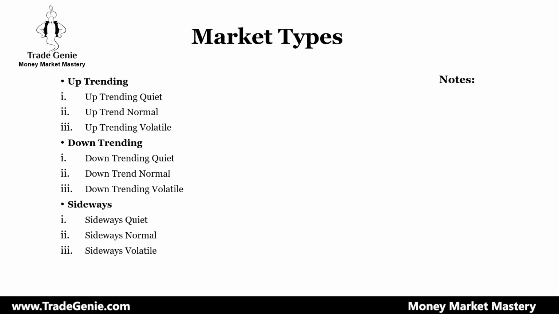Now there's something I call volatility. We all understand volatility. I define volatility into four categories, where the one not mentioned here is very volatile. The reason it's not mentioned is that a very volatile market doesn't occur in uptrending or sideways. It only occurs in a downtrending market.